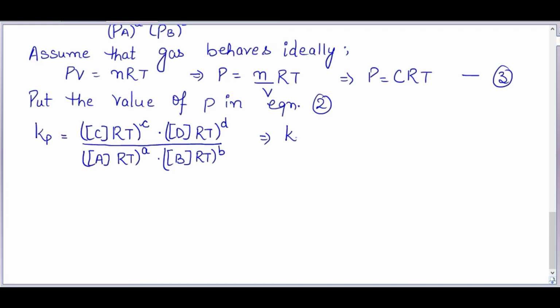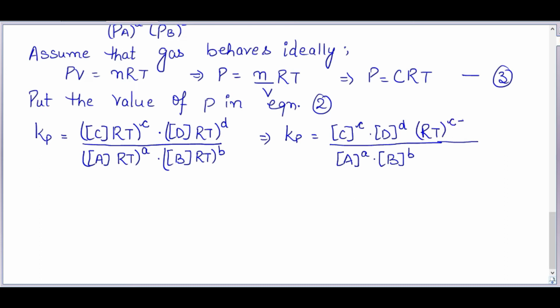So it will be Kp equal to C power small c into D power small d divided by A power small a into B power small b, right? And I'll take RT as common. I know that RT is in multiplication, so definitely I'm having powers over here. If I'm having any powers in multiplication, simply I'll add those powers, right? So it will be RT power (c plus d), definitely here RT power (a plus b), right?